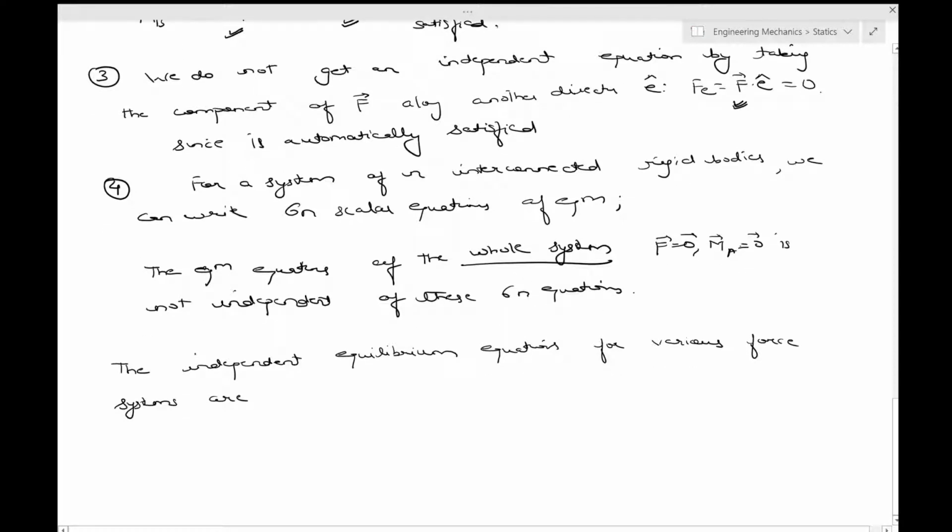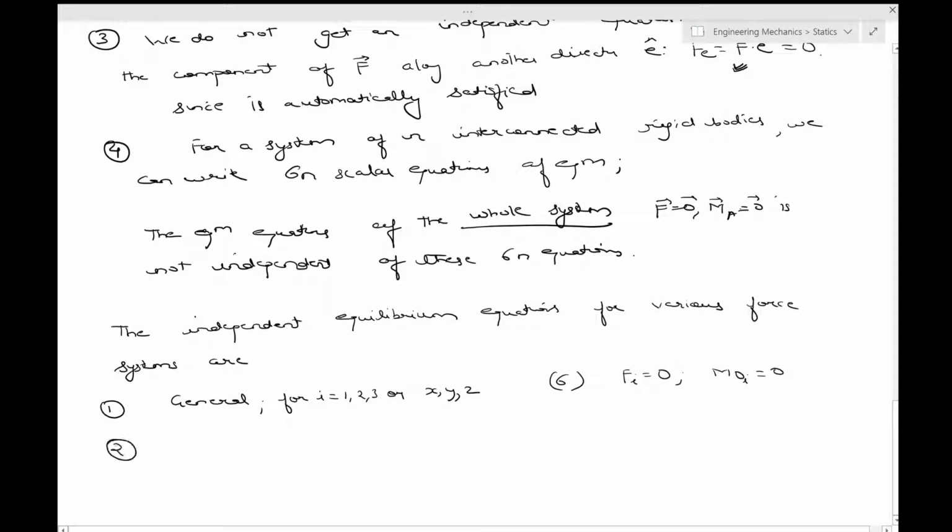In a general case, with directions one, two, three or x, y, z, you have 6 equilibrium equations: sum of F_i is equal to 0 and sum of M_O,i is equal to 0.